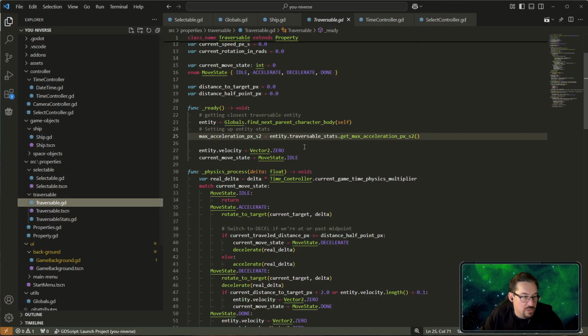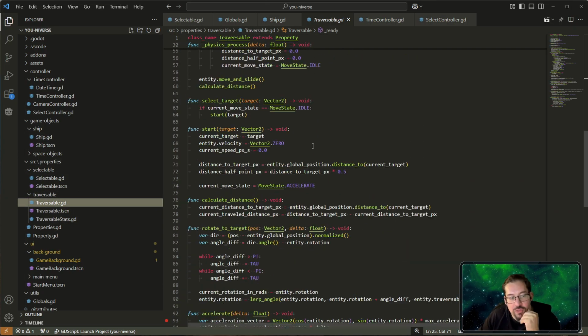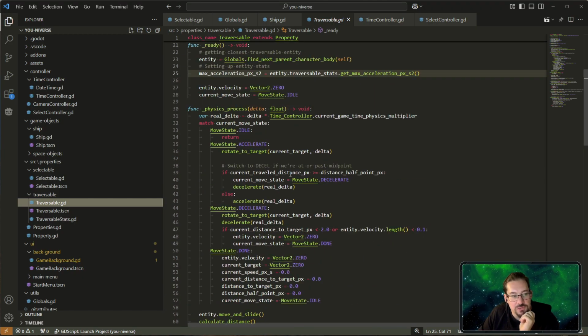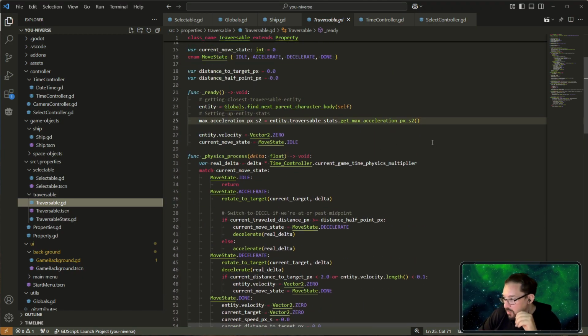Let's see, traversable property. Here's my code that's controlling the acceleration and deceleration of it. And here I wanted to put in the super precise measurement. So when I say 1,000 pixels is 1 light year, then 1 pixel is such a small amount of meters.